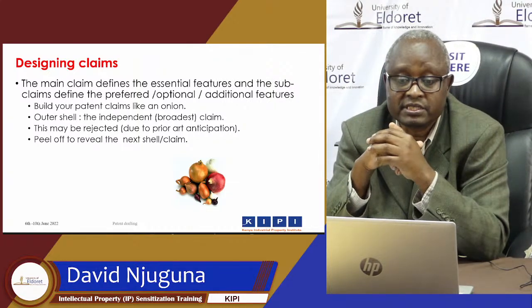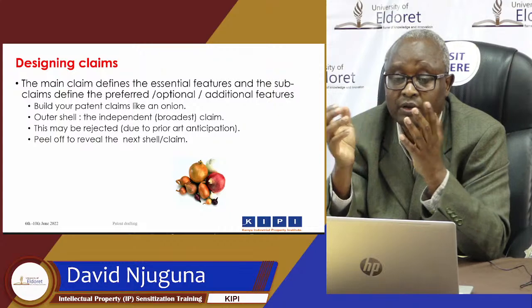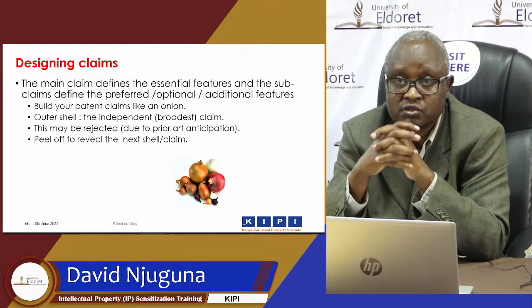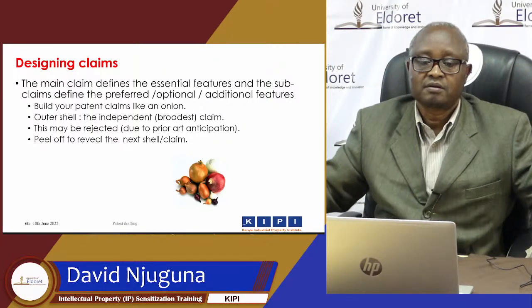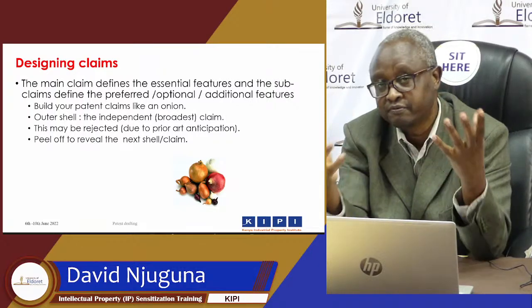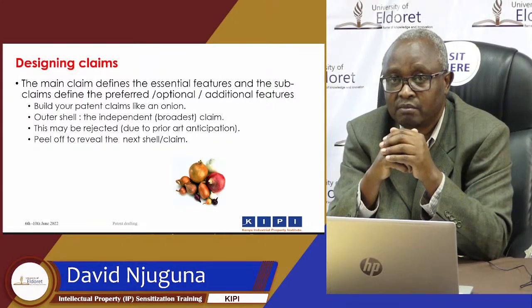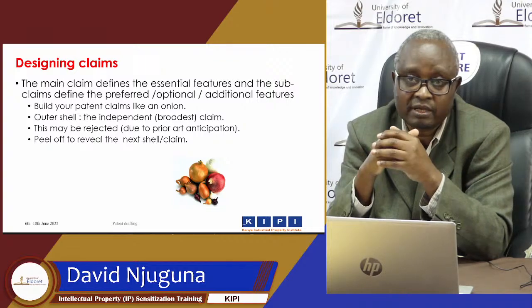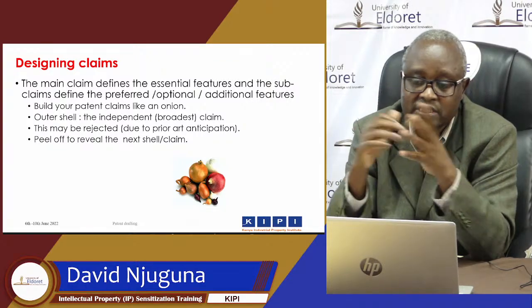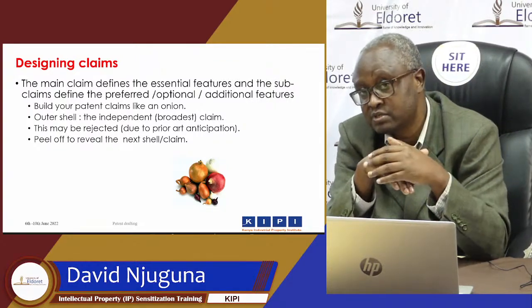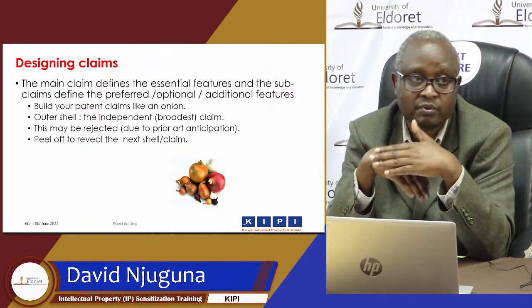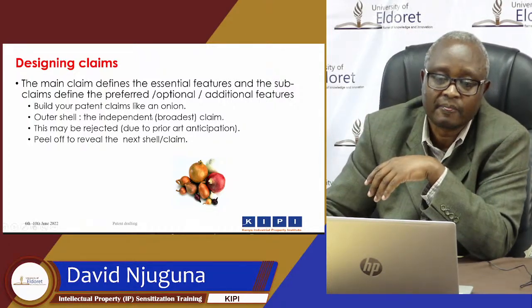But this may be rejected, as we discussed in the morning, due to prior art anticipation. So you peel off the outer shell and reveal the inner shell, which probably will not be rejected by the office. That's why you have several claims, independent claims and follow-up dependent claims.